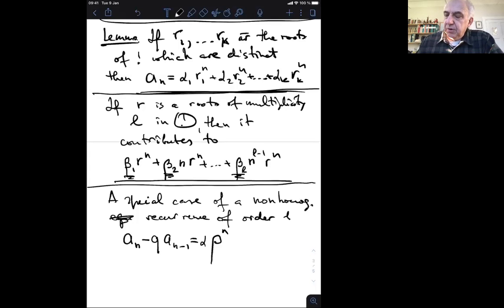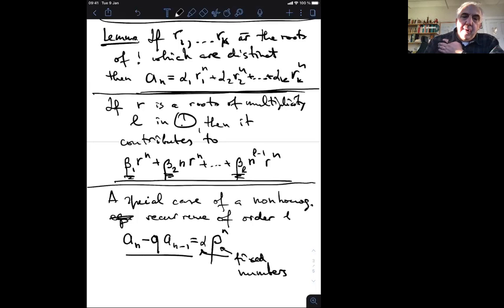Okay, I want to solve this kind of relation. Rho and q are fixed numbers. And this left-hand side is just the general first order homogeneous recurrence with constant coefficient q.